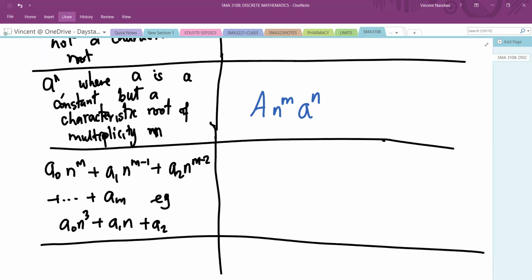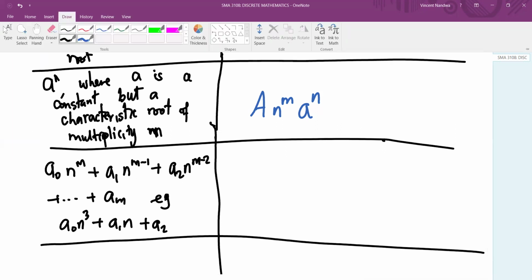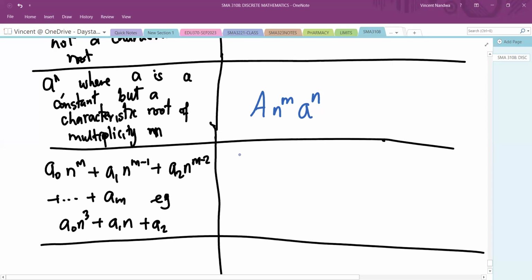Then your guess for the particular solution will be a function of the form a_0 n^m + a_1 n^{m-1} plus all the way plus a_m.